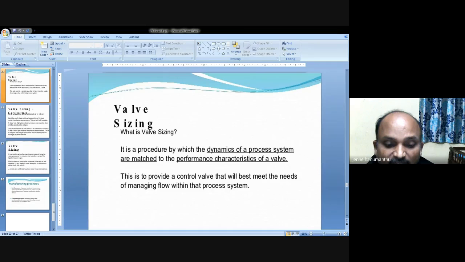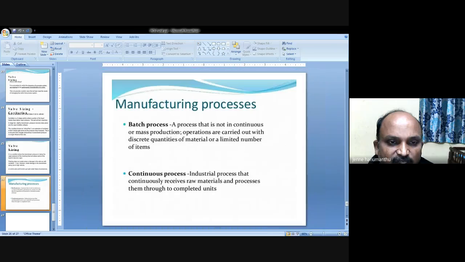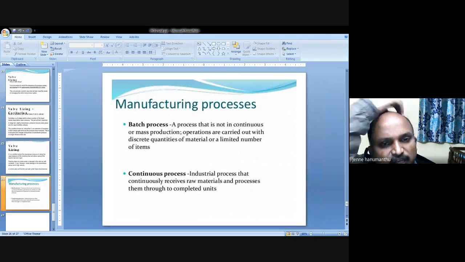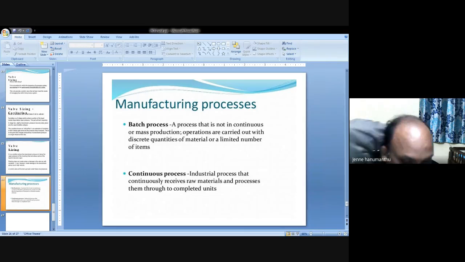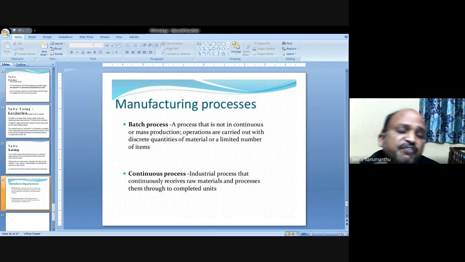Okay. Then in the manufacturing process, generally, if you observe any steel plant, it is a continuous process.